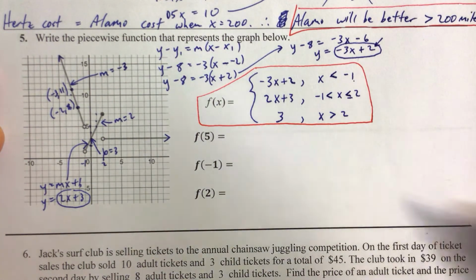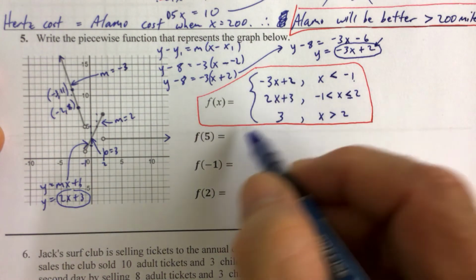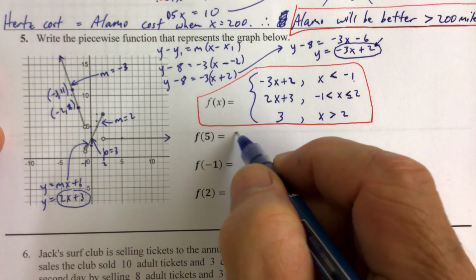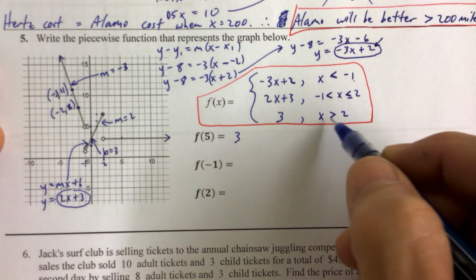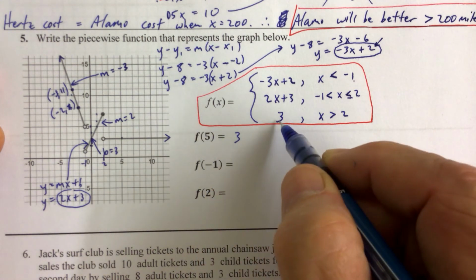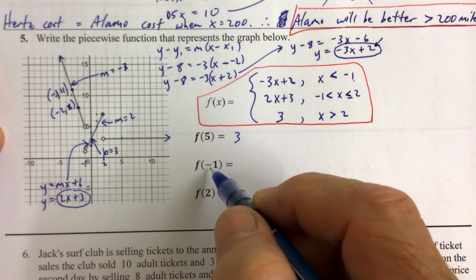And if we want to find f of 5, we would figure out which piece we plug 5 into. And we could even look at the graph. F of 5 is 3. That would make sense because when the input x is greater than 2, which 5 is, then the output would be 3. Now, what would f of negative 1 be equal to?